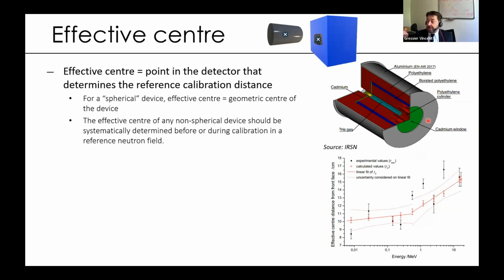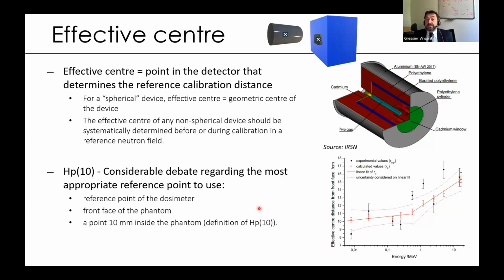But if they have high energies, it will take more time and they will go deeper on average and will be detected mainly in the rear part of the detector. And you see what happens when you look at the effective center, which is a distance from the front face to the calibration position for the detector. You have a variation of up to 5 centimeters in where the reference calibration point is in this kind of detector, depending on the energy of the neutrons.